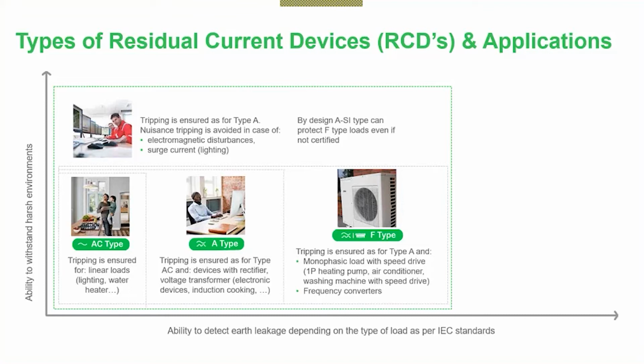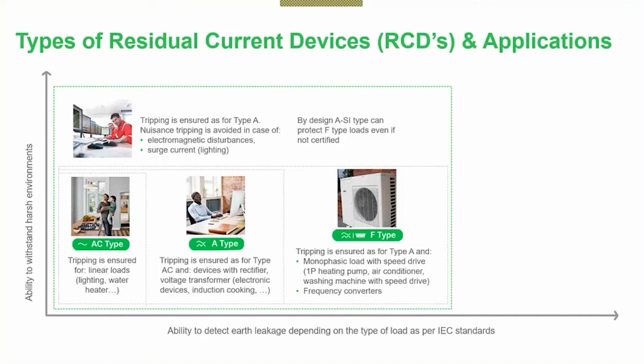Nuisance tripping is essentially when the RCD trips when there is no danger to a person or animal of electric shock. These nuisance trippings can be caused by things like high frequency leakage harmonics or transient disturbances, which can be the switching of large loads or potentially lightning strikes.